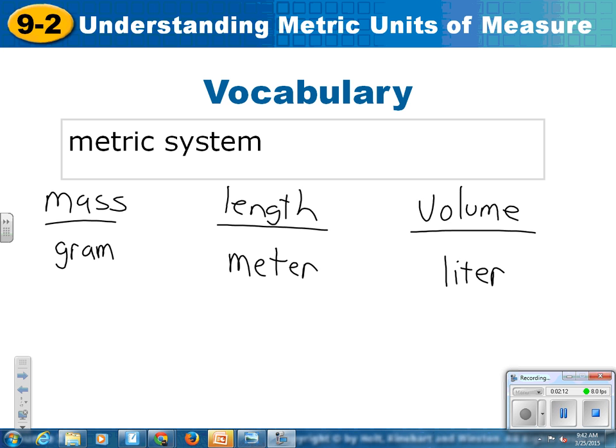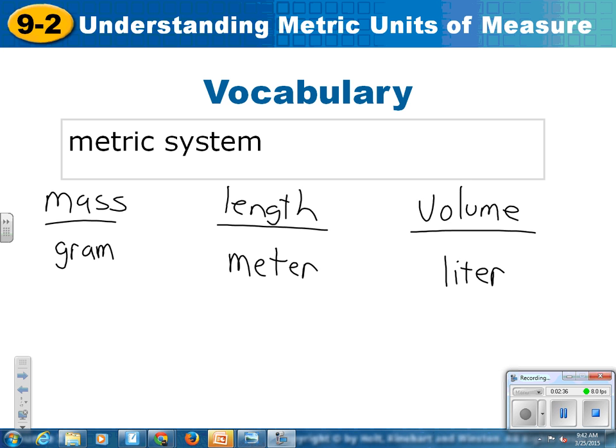Just like meter, centimeter, millimeter, regular meter, kilometer. Those are all based on 10. Liter, same thing. Milliliter, deciliter, just a liter, kiloliter.